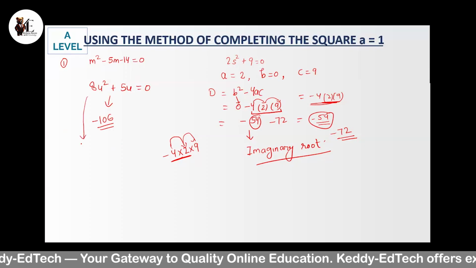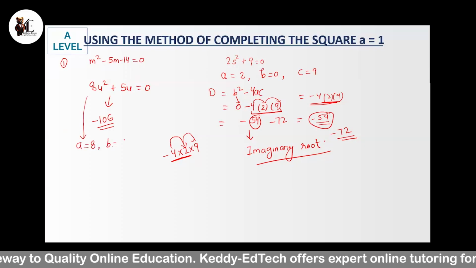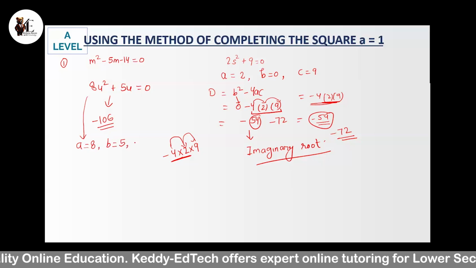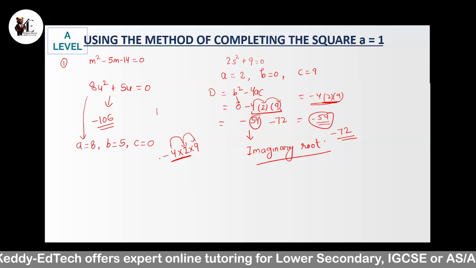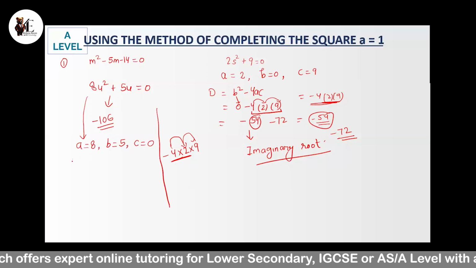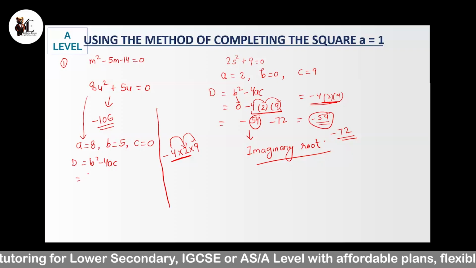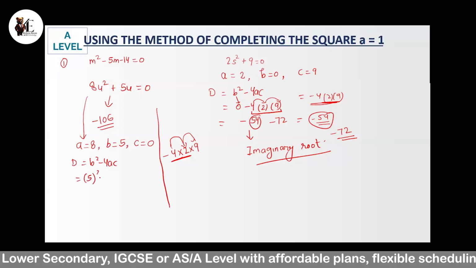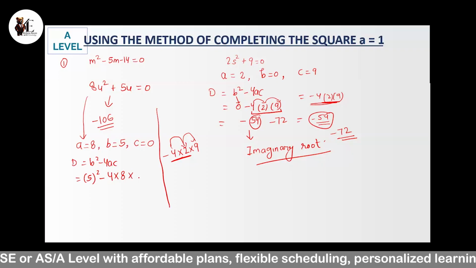So here, the value of A is 8, the value of B is positive 5, and since there is no constant term, the value of C will be 0. Now, discriminant is B square minus 4AC. So B square is 5 square, minus 4 into A, that is 8, and C is 0.